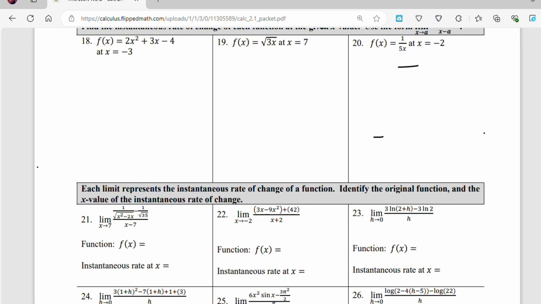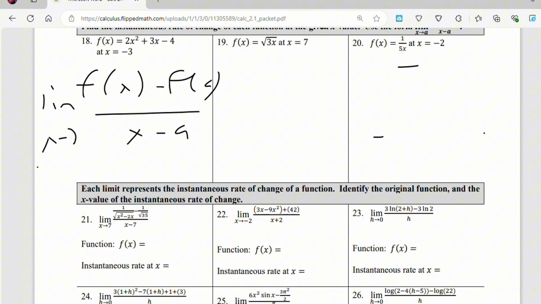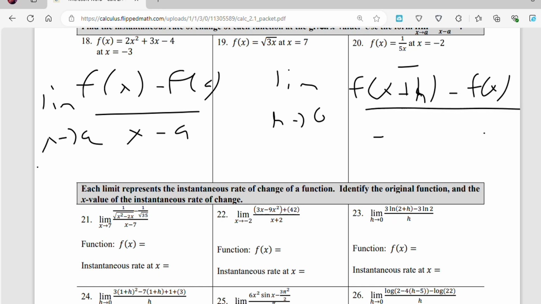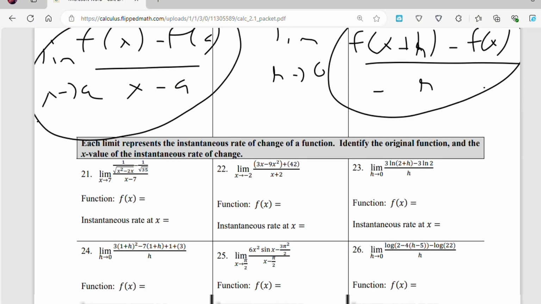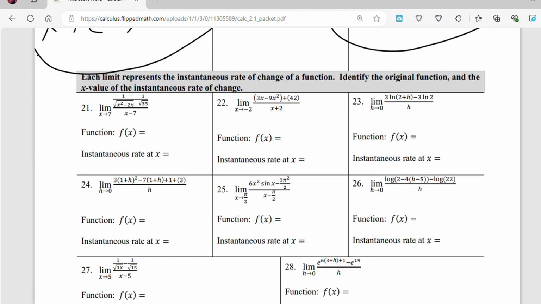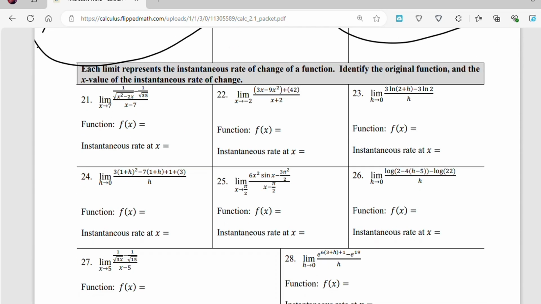We have f of x minus f of a over x minus a, limit as x approaches a, and we have limit as h approaches 0 of f of x plus h minus f of x over h. Now, this one right here is going to be very simple. This one might be a little tricky at first, but I will help you to understand how to find your solution.